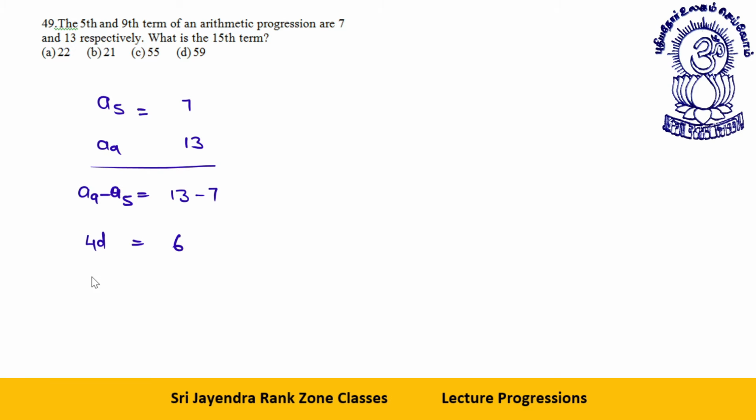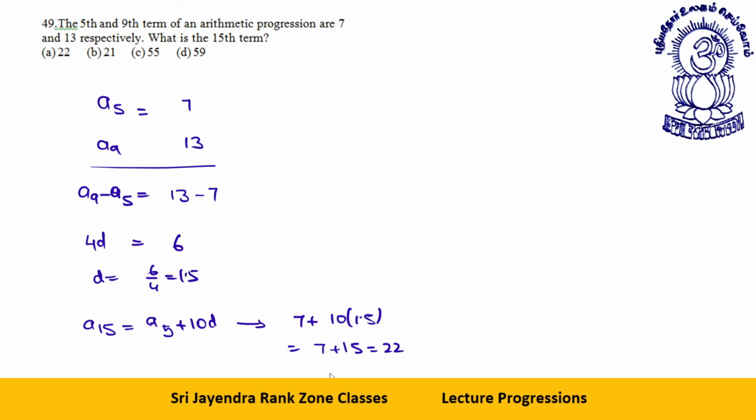Or I can say D is 6 by 4, that is 1.5. What do we require? We require A15. A15 will be A5 plus 10 times the difference. This will give me 7 plus 10 into 1.5. That will be 7 plus 15, or 22. Option number A is the answer.